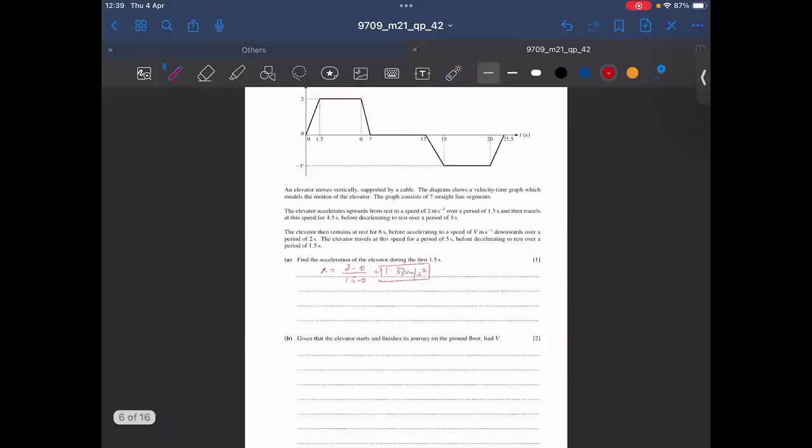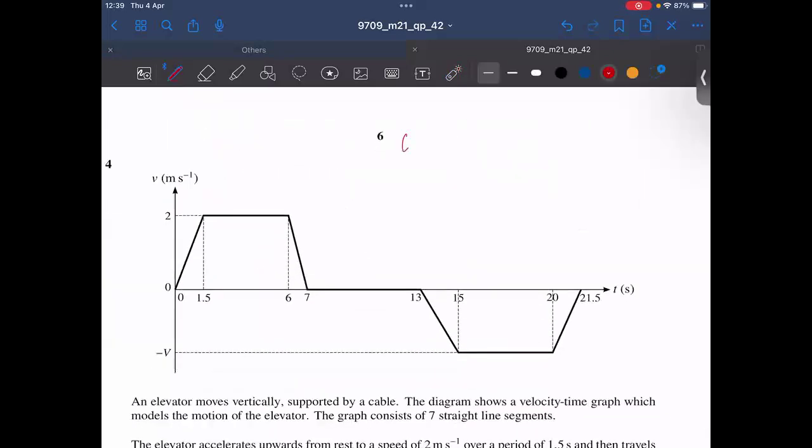For part B, let me do it over here. How would you calculate the distance? It's basically a trapezium.